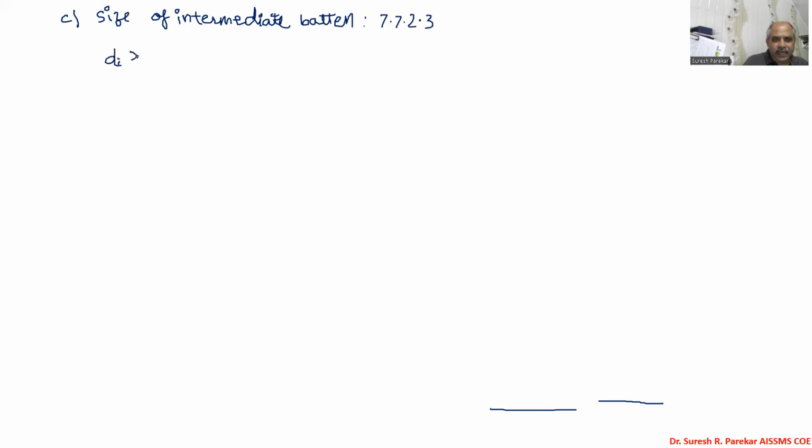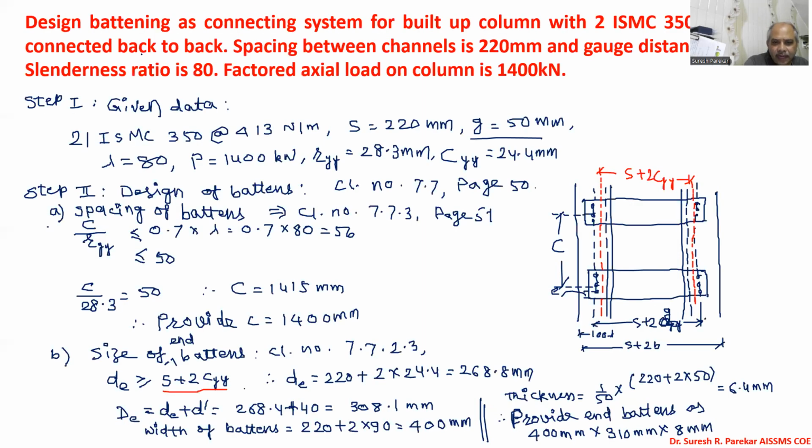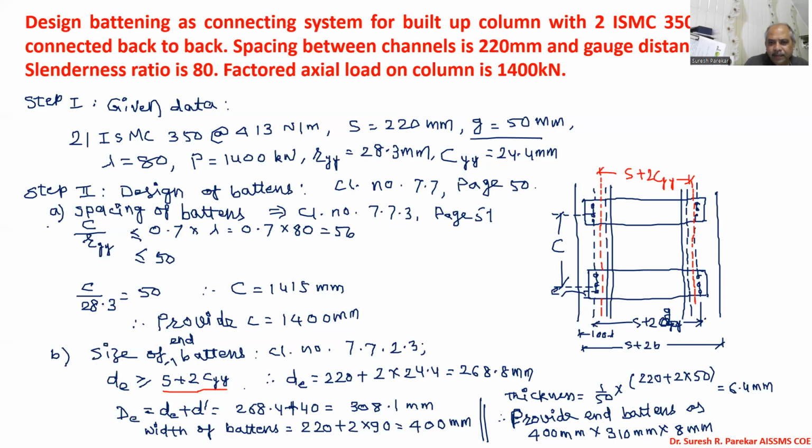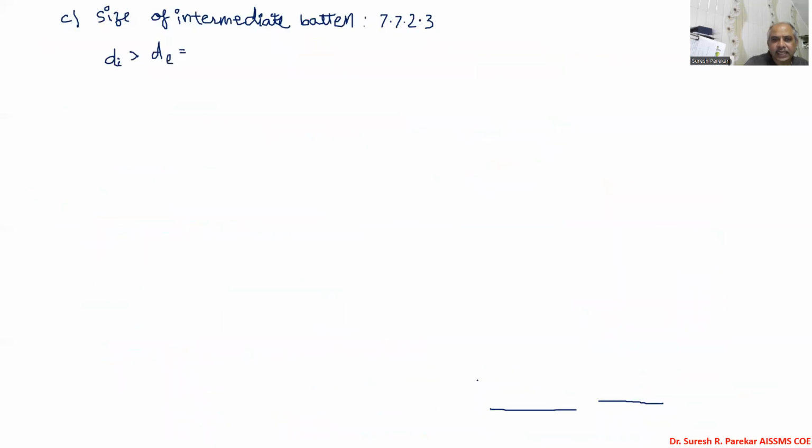D intermediate should be greater than or equal to 3/4 of the depth of end batten, which is 268.8. So 3/4 of 268.8 is equal to 201.6 millimeters.